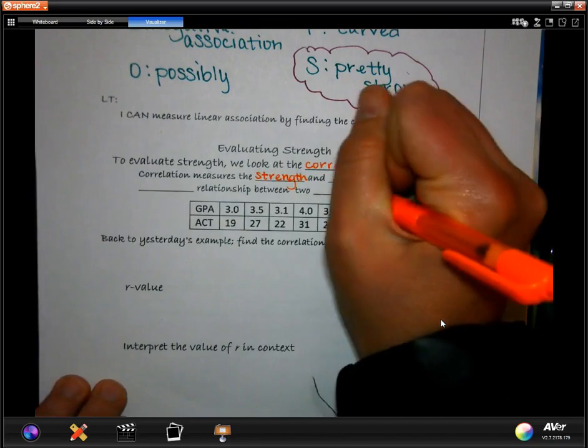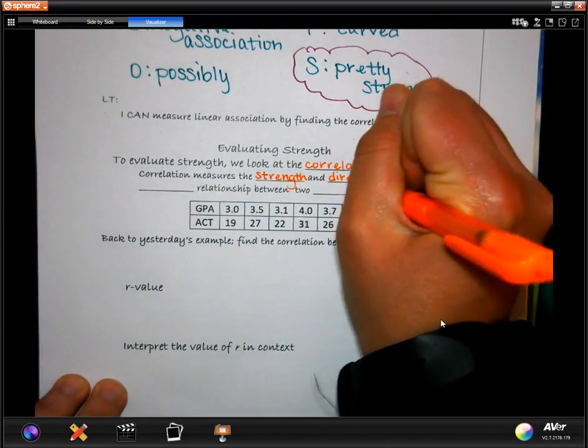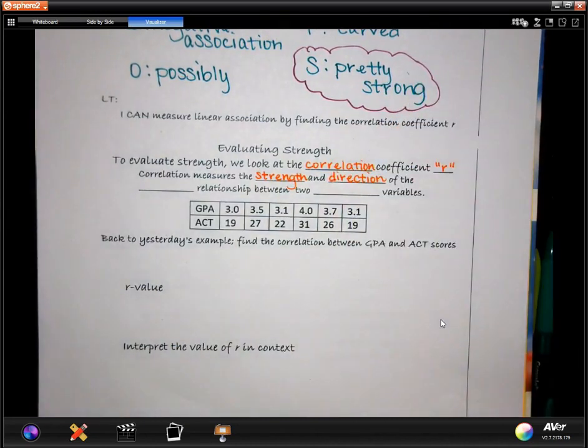And so if you have a positive R value, you have a positive association. If you have a negative R value, you have a negative association.